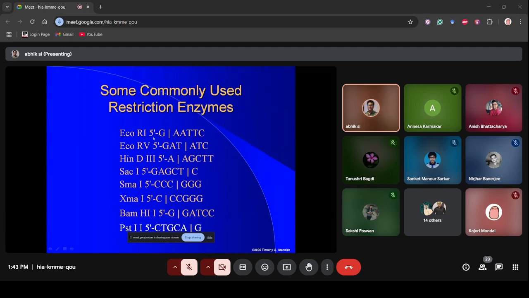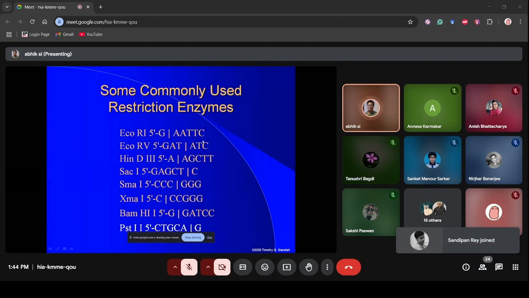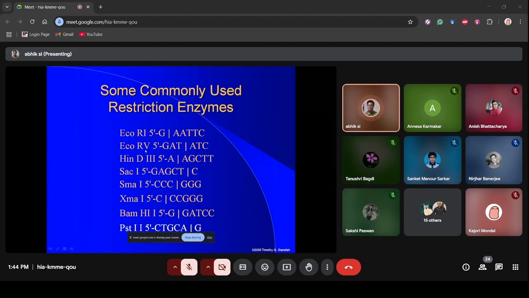Here only a single strand is shown, because if you get the single strand, you can automatically get the other complementary strand. So EcoRI recognizes 5 prime GAATTC, and you can get the other strand: G having complementary C, A having T, A having T, T having A, T having A, and C having G. If you go in the opposite direction, you get the same thing, G, A, A, T, T, C, and it will cut in between G and A. Now EcoRV can cut GAT, ATC like that. So single strands are shown here, the other strand is not shown.